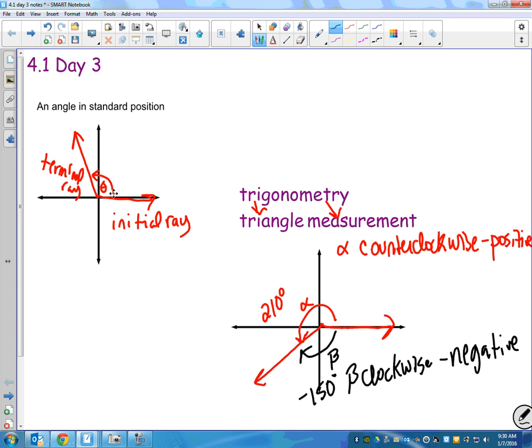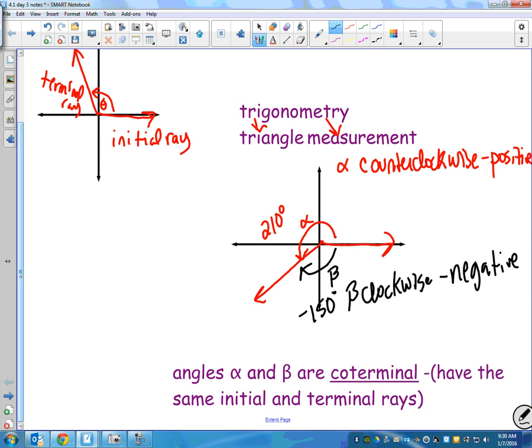Alright, so the direction that you're going determines whether your angle is positive or negative. Also, we can say that angles alpha and beta are coterminal angles. And that means, although they have different measures, one's 210, one's negative 150, if they have the same initial and terminal rays, then those are called coterminal angles.